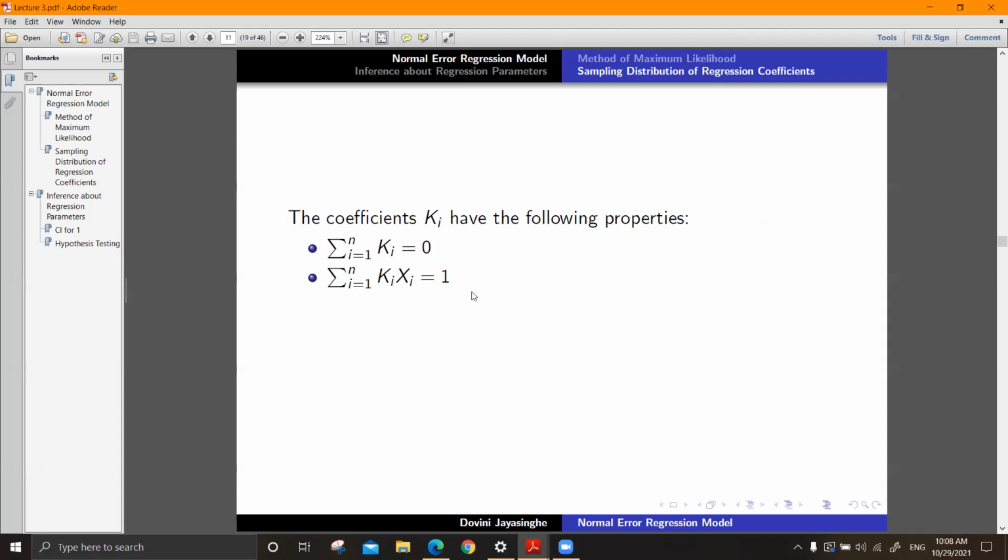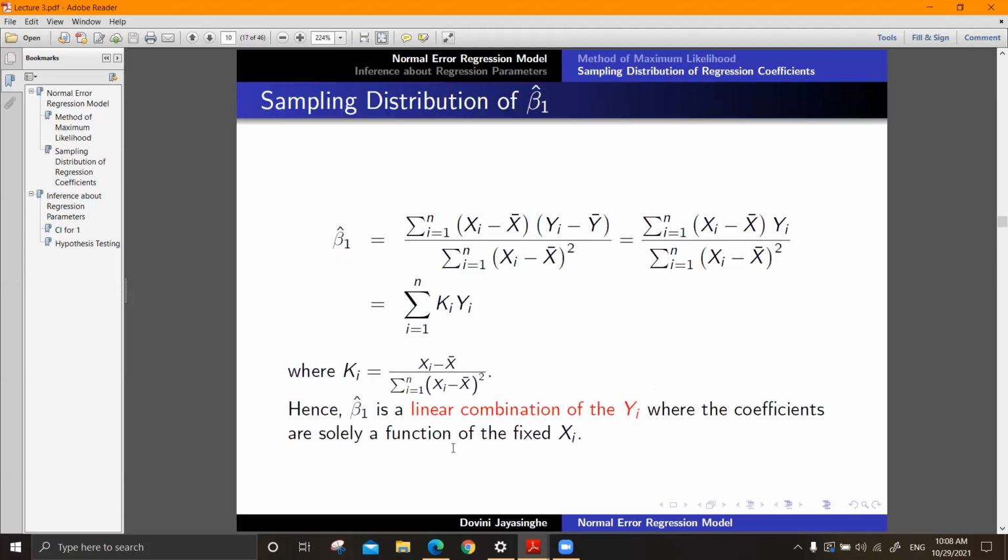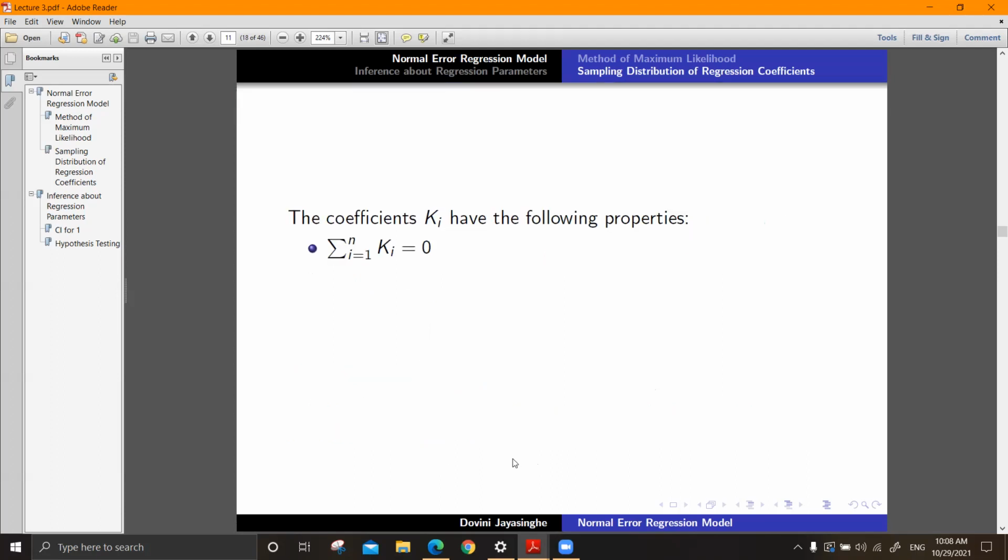So I have omitted all the proofs because it is highly theoretical. We are doing applied mathematics. So I didn't think of including the proofs. If you're interested, you can try to prove this. You're given the form of ki, so you can use a couple of techniques and prove this. It's easy to prove this.